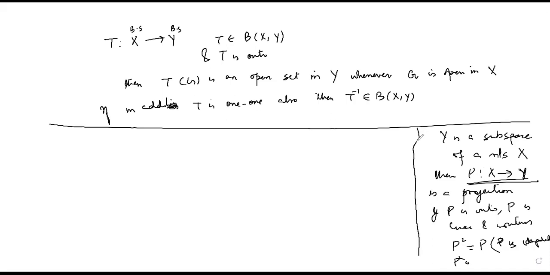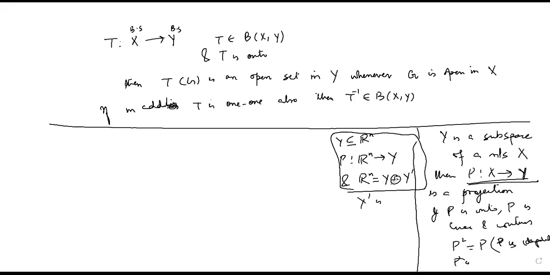Now in the case of linear maps on finite dimensional spaces, in fact, suppose अगर मैं लूँ Rn, if you take a subspace Y, एक तो ये कि there would exist a projection from Rn to Y, वो तो होगा ही, and you can also write Rn as direct sum of Y plus some other subspace, जो हम अभी करेंगे. Say Y plus Y prime. Now Y prime is some other subspace. इसको हम बोलते हैं ना कि we can write it as the direct sum. We can break it into smaller subspaces.